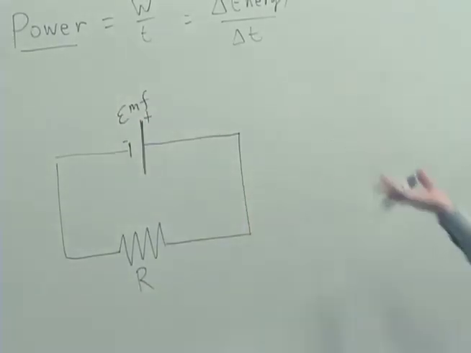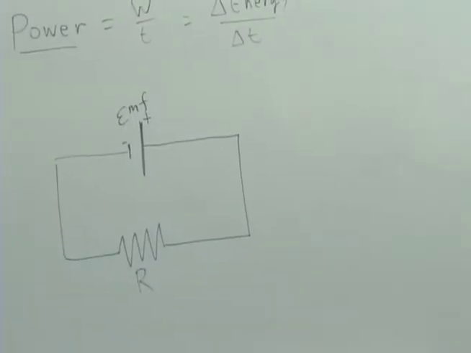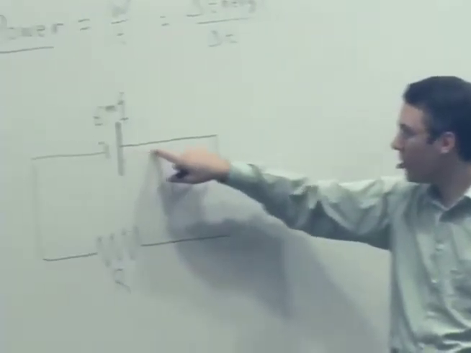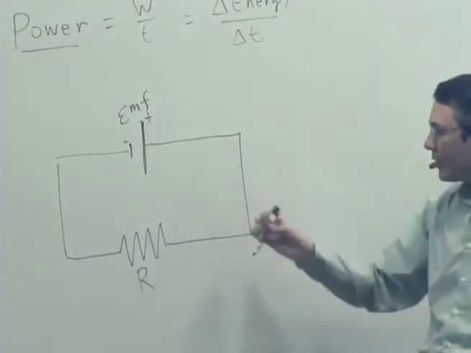You can think of a battery connected to a light bulb, some thin filament that's going to cause a large electric field inside the filament and a large potential difference. And so there's going to be energy radiated away, right? The battery is delivering energy to the rest of the circuit.